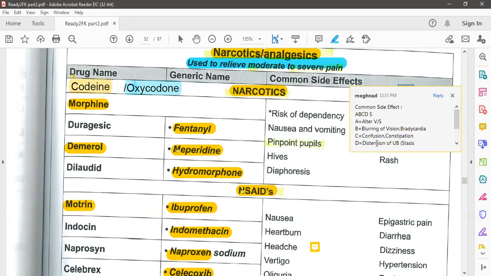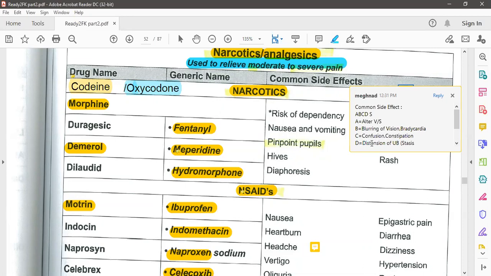So when you deal with a patient who is taking an opioid, watch for developing constipation. Tell them to take enough fluid, fiber-containing food, and do some exercise like walking. They can cause confusion.